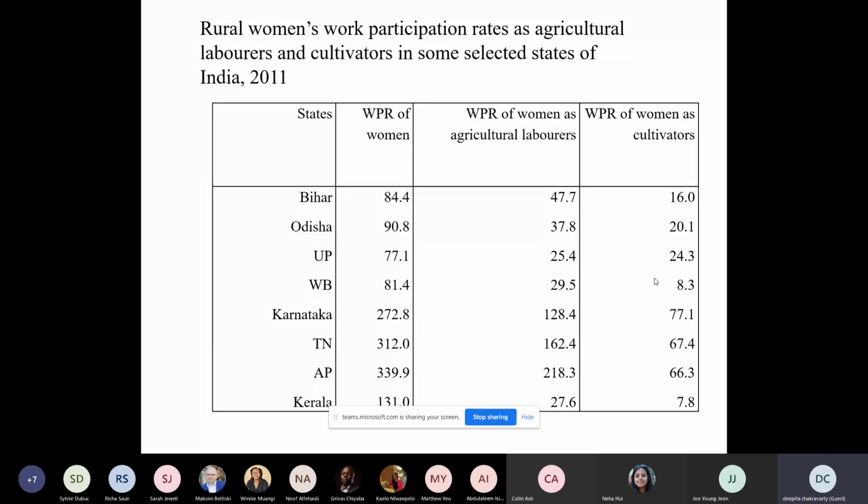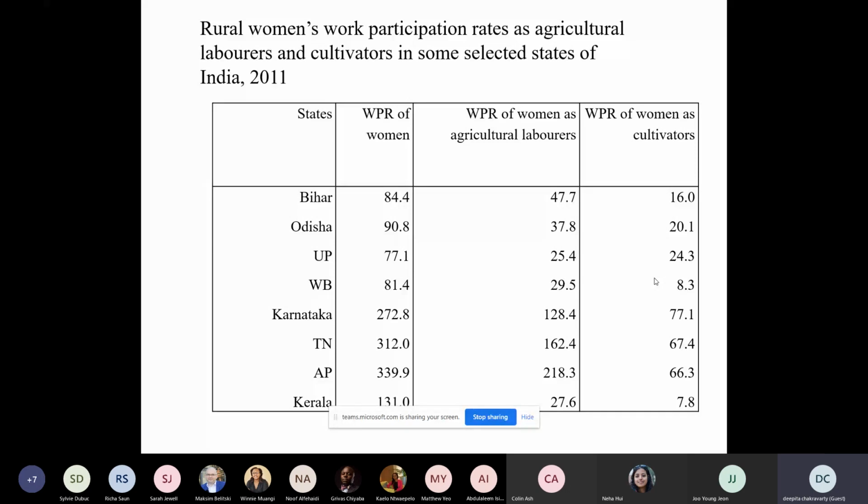And definitely, the cultural milieu does also help in this regard. So here, the landholding structure, the economic factors, are giving support to the cultural factors, and the cultural factors in turn are giving support to the economic scenario. And these two together determine the low work participation rate of women in Eastern India.